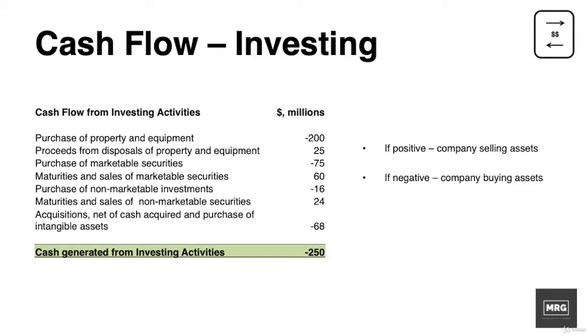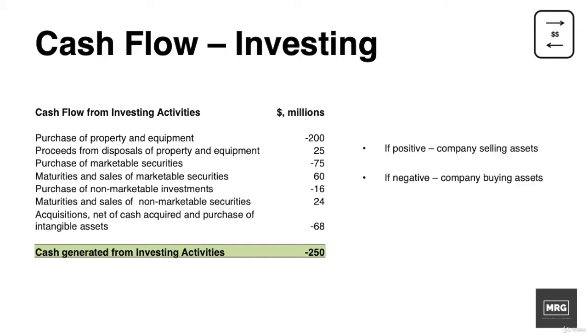In this example, cash generated from investing activities is negative 250 million. It's not right or wrong, good or bad. But what this means is that if it's positive, the company is selling assets. If it's negative, the company is buying assets. When the company buys assets, it sort of means that they are going through an expansion or a growth stage in some ways, if they do purchase more equipment.